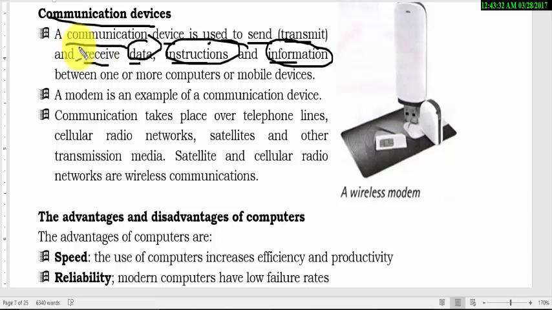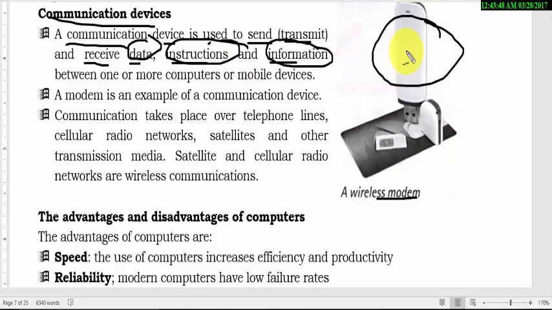So a communication device is used to send. We are able to see this device here. This is what we call a wireless modem. Sorry, I made a mistake earlier when I mentioned the flash disk, but a flash disk also looks like this.